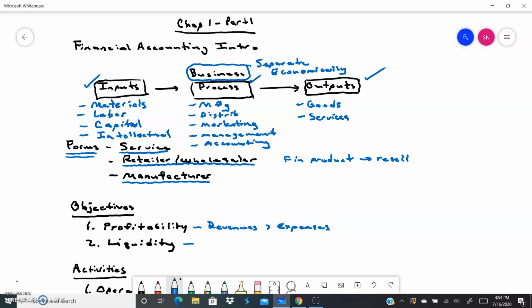Now, liquidity is a different concept, and a lot of people don't think about that. Profitability would include growth, would include expansion. All of those things ultimately would have an effect on increasing profitability. Liquidity, though, is the ability to pay your debts when they come due.